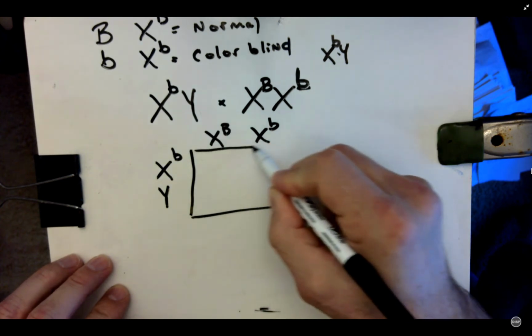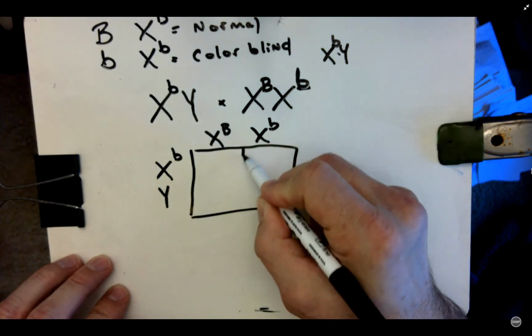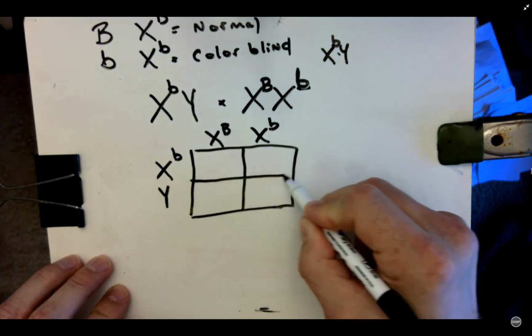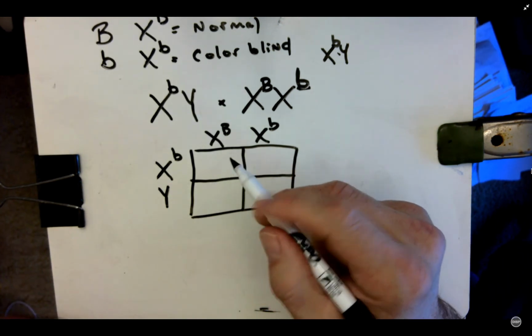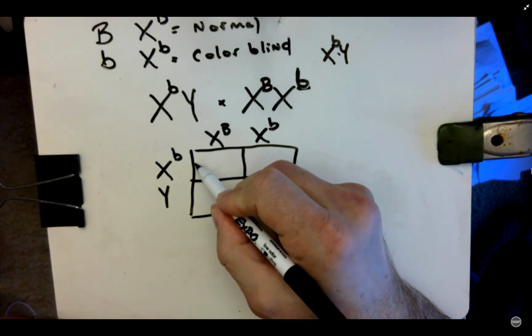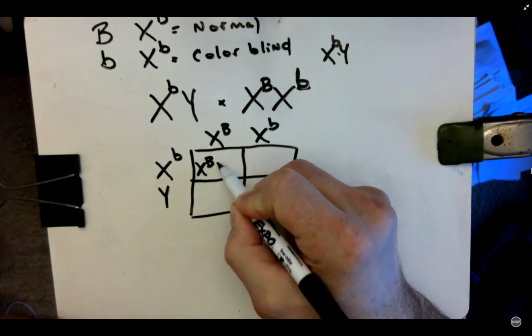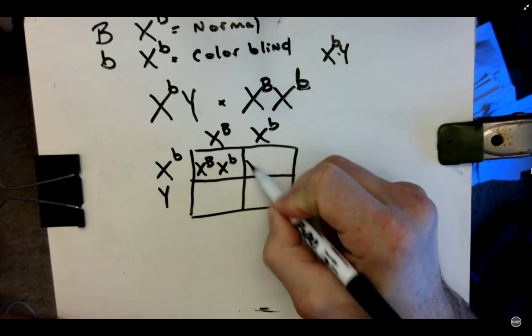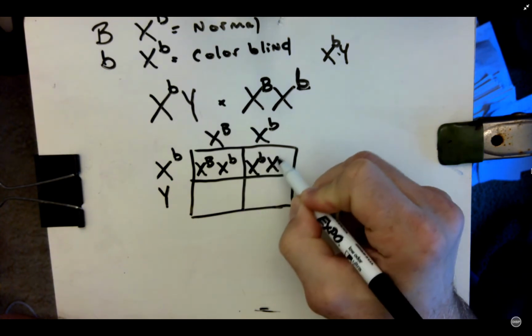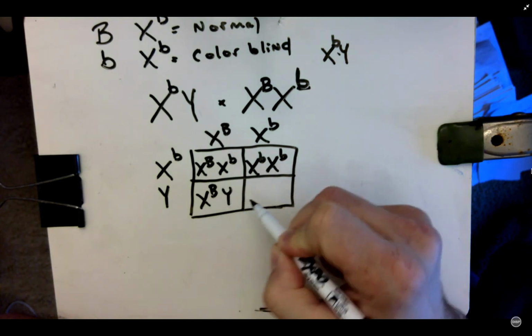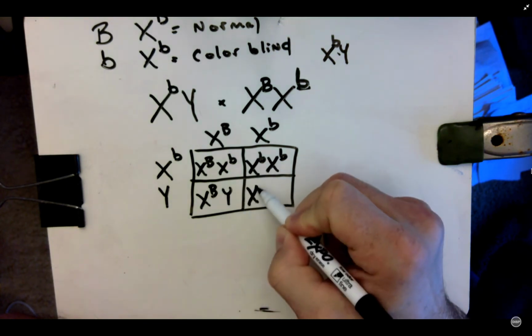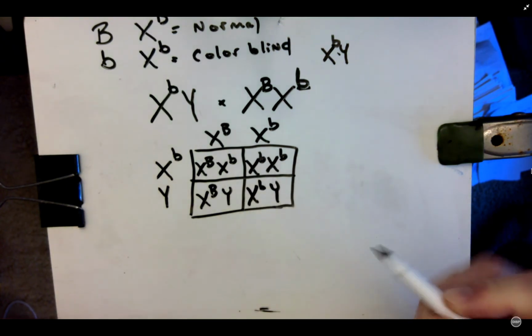And so we do this, and the possible genotypes that we can see with these two parents are X^B X^b, X^b X^b, X^B Y, and X^b Y.